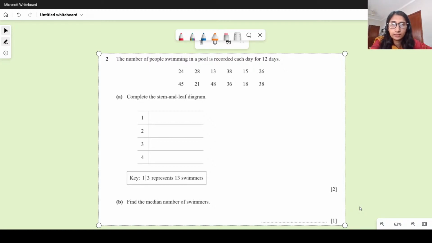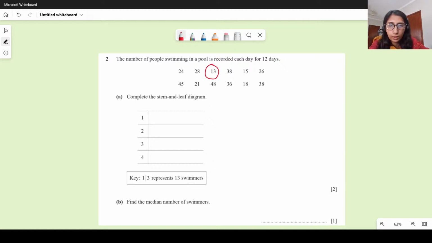Complete the stem and leaf diagram. Let's see, the smallest number here is 13. So 1, 3 makes 13. I'm following this key. Then the next number is 15. So 1 is already written. I'm writing 5. And then 18, 8.